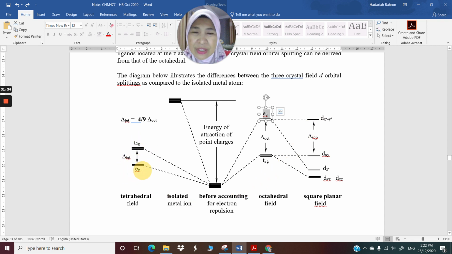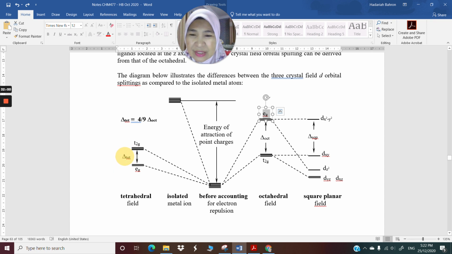Down this way is the splitting for your tetrahedral field, where your Eg orbitals are repelled a lot less compared to your T2G orbitals, because in tetrahedral arrangement, the ligands are located between the axes. And I was telling you about the magnitude of delta.